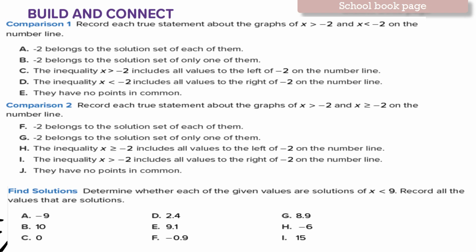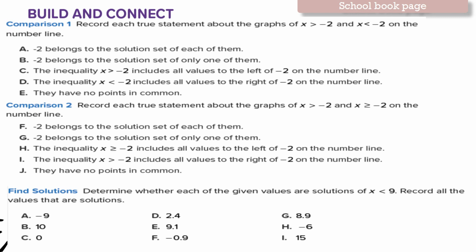C, the inequality x is greater than -2 includes all values to the left of -2 on the number line. This is also not correct because all values to the left of -2 on the number line are smaller than, not greater than -2. D, the inequality x is smaller than -2 includes all values to the right of -2 on the number line.